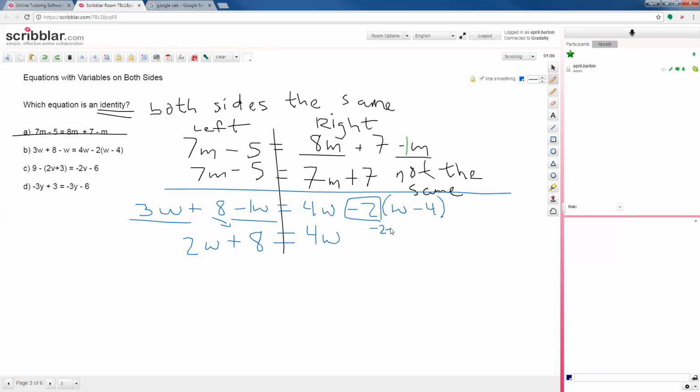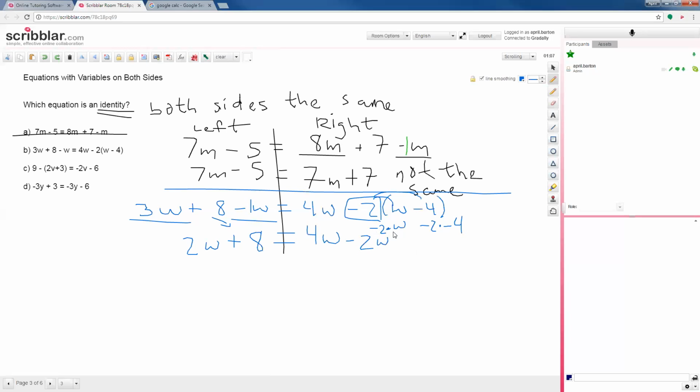Negative 2 multiplied by w, but then you use it a second time. The negative 2 repeats itself, and it gets multiplied by the negative 4. So when you multiply negative 2 times w, there's not really much to do there. We just write it negative 2w.